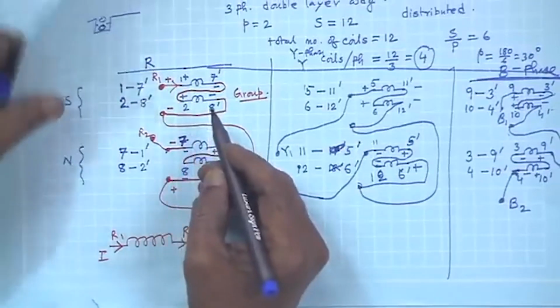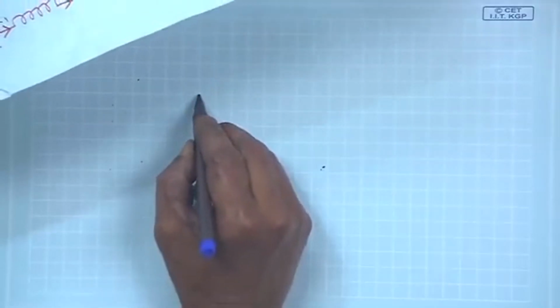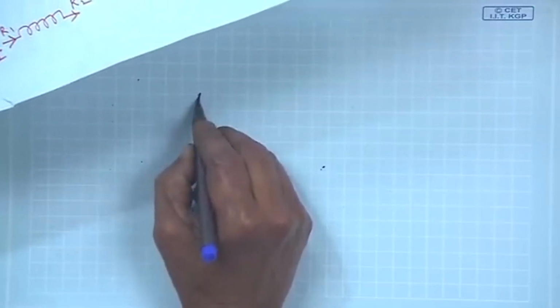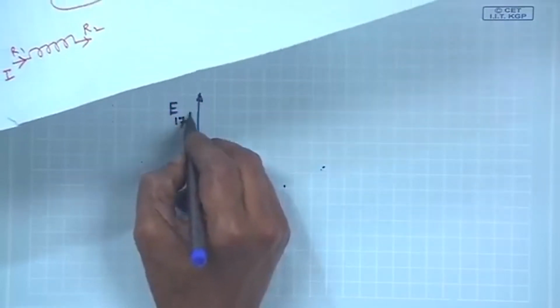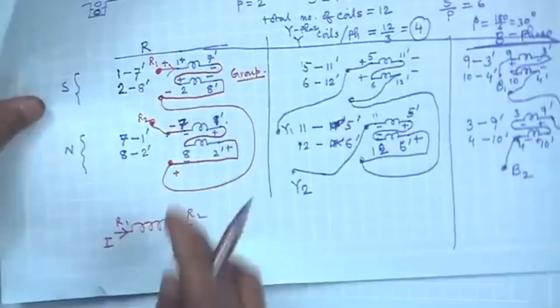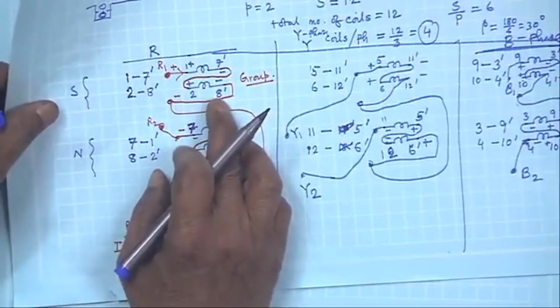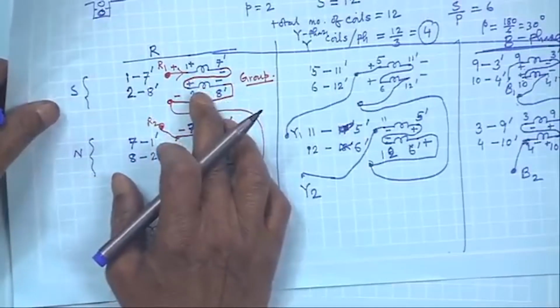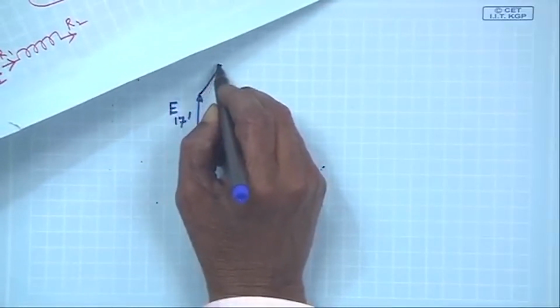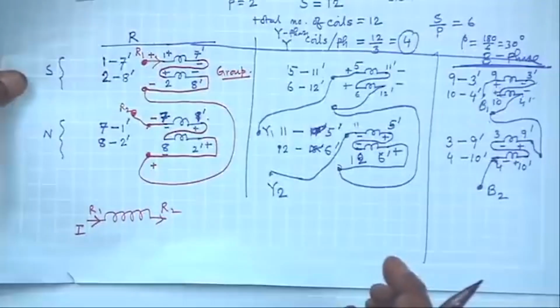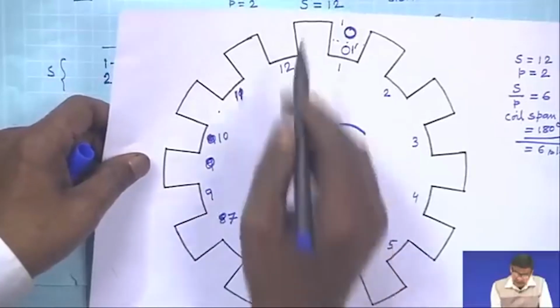Suppose I say this is the voltage phasor E 17 dashed, this coil voltage. Suppose the 28 dashed voltage is lagging this by angle beta, 30 degree. Therefore, it will be like this, if you assume the rotor is rotating in this direction, south pole.